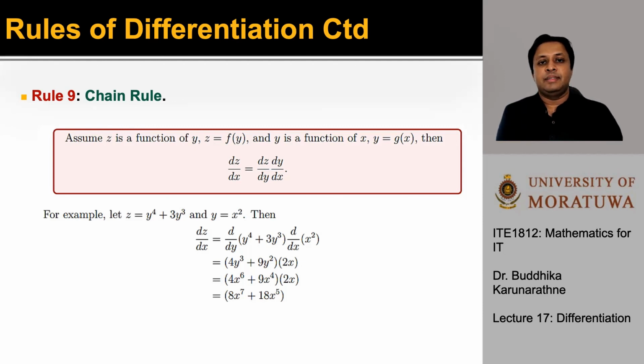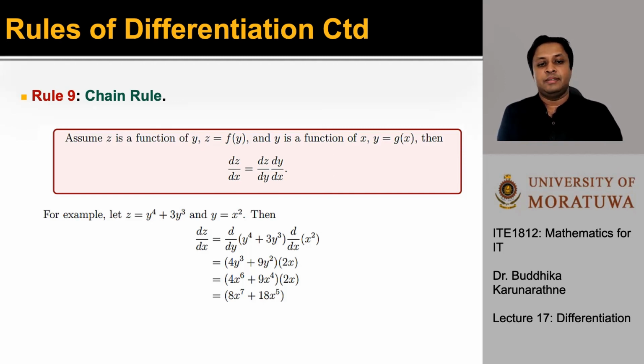Then we can accordingly take the separate derivatives. d over dy of y to the power 4 plus 3 times y to the power 3 becomes 4 times y to the power 3 plus 9 times y to the power 2. And then d over dx of x squared becomes 2x. Because you know the relationship between y and x, y is equal to x squared, you can substitute that value as x squared.